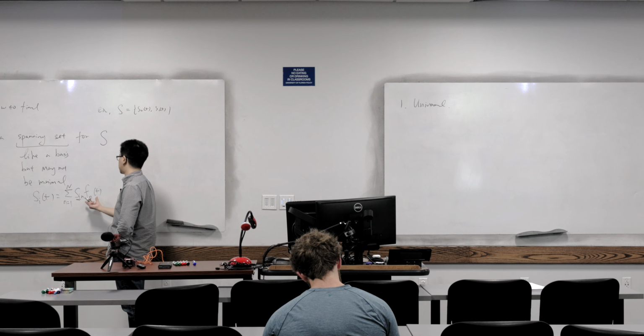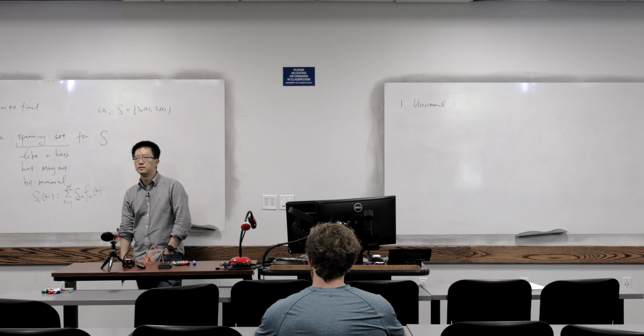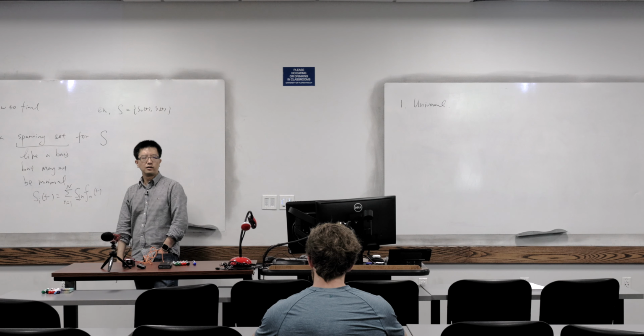So probably we want our basis to be orthogonal. We're going to explain why we want that. If we want our basis functions to be orthogonal, can you come up with a set of functions that are orthogonal to each other? Have you seen this kind of function in your other classes, or in this class as well?